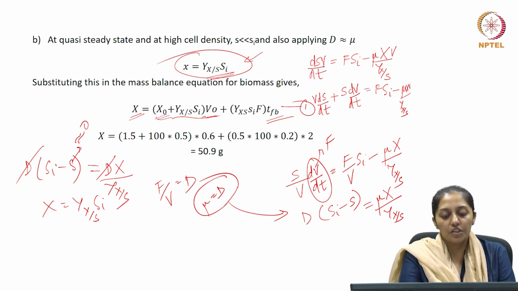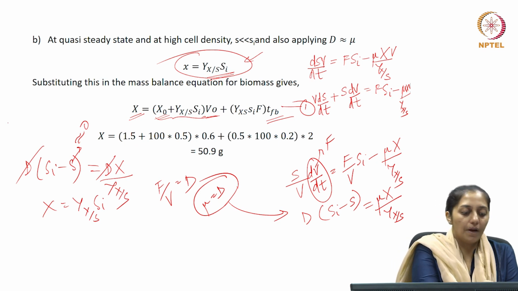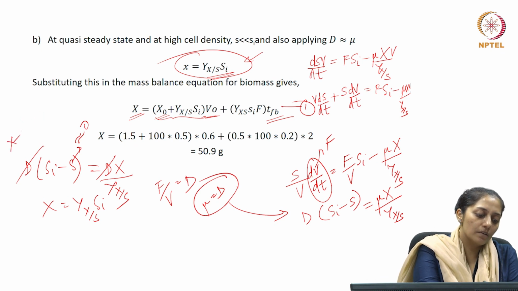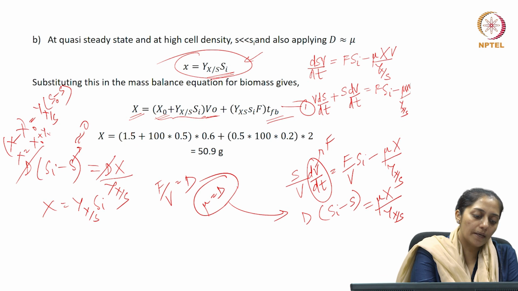X0 is the initial concentration, the starter culture, and the batch is continued till all the substrate is exhausted. Given the yield coefficient of biomass with respect to substrate, the final biomass, using the yield coefficient correlation for batch, is Yx/s times (S0 minus S), where 0 stands for initial values. So, your X will become X0 plus Yx/s times S0, where S is nearly finished.